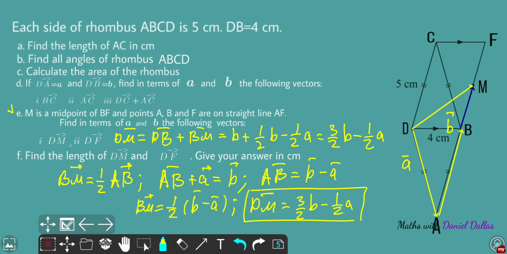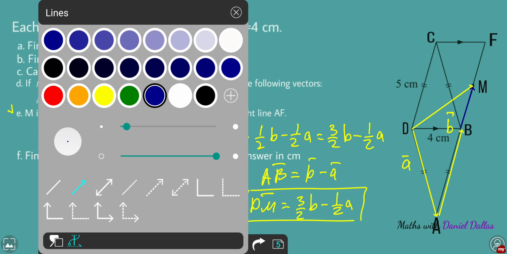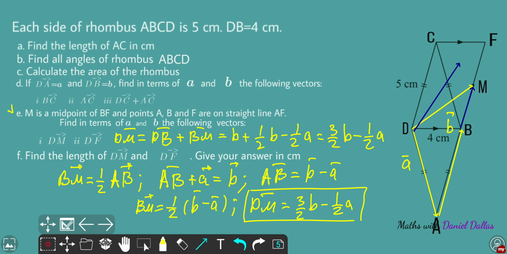So what about DF right now? DF is simply that vector from point D to the point F. So this is the vector that we're looking for, okay? And obviously DF is simply vector B plus vector BF, which is the same as AB.